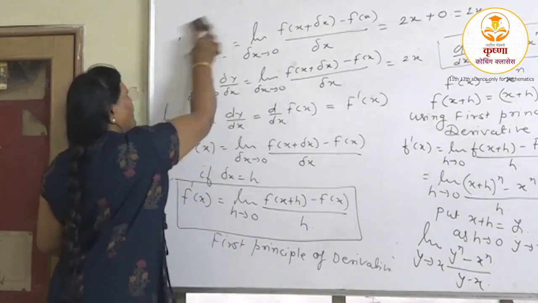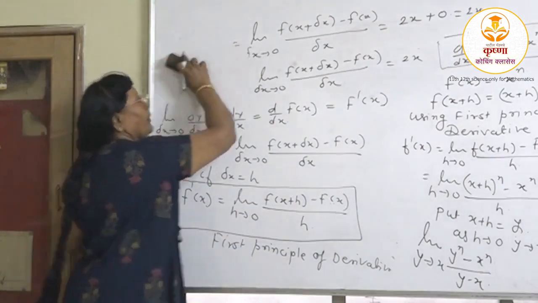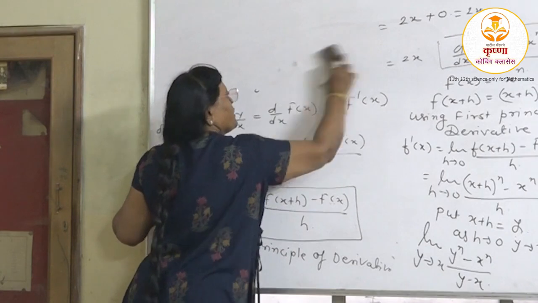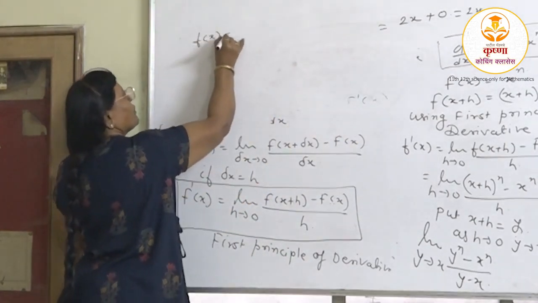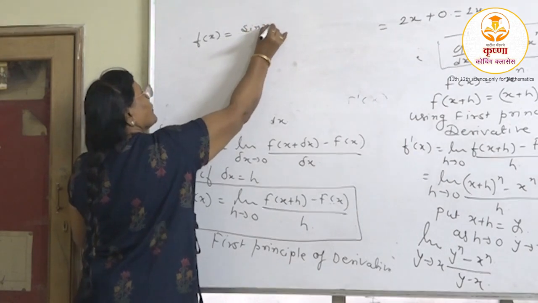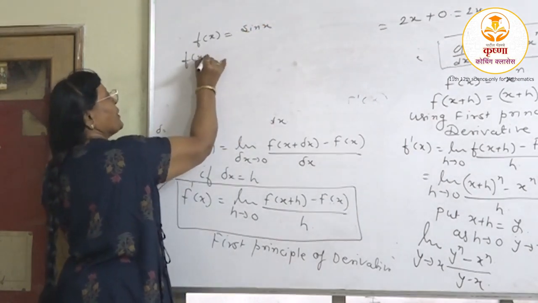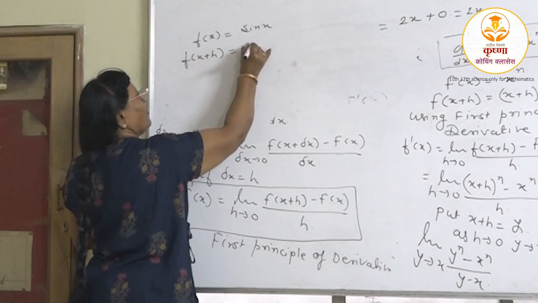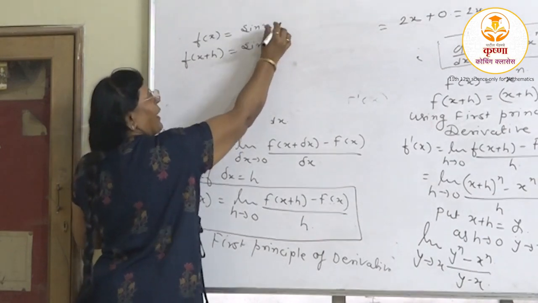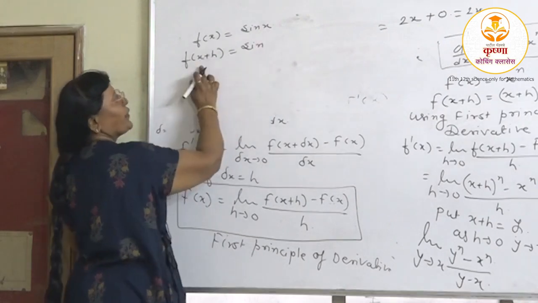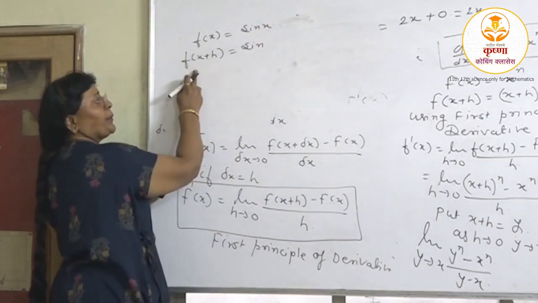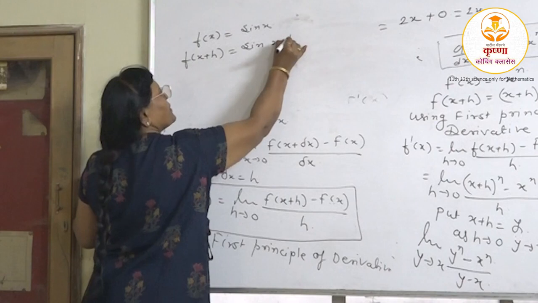Again we can find out the derivative of sin x. Suppose the function is f(x) equal to sin x. Then f(x+h) is equal to sin of (x+h). Don't add h outside, this is wrong, because the x you have to replace with x plus h.